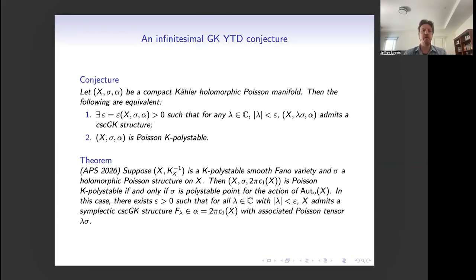Right. And here finally is the main theorem of the talk.